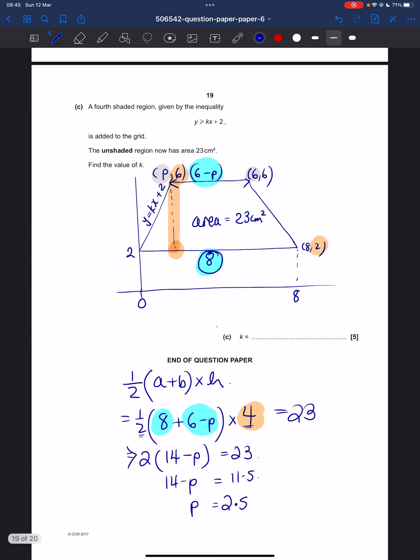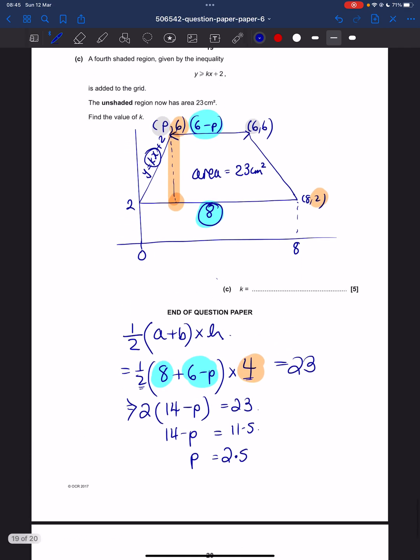It's not P that I need to find, is it? It's K. Right, so P is 2.5.